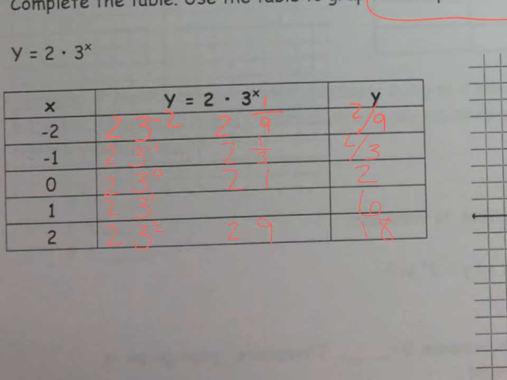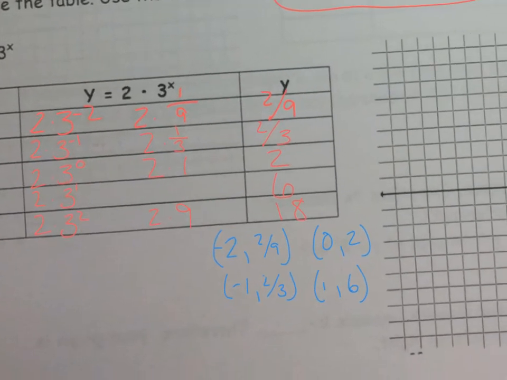Again, these are giving us coordinates: negative 2 comma 2/9. Negative 1 comma 2/3. 0 comma 2. And 1, 6. I won't have room to put the 18 on there, so I don't think I will.